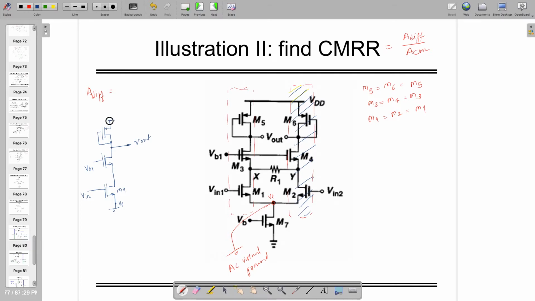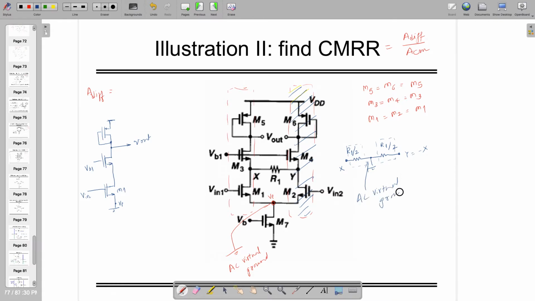Right? So moreover, this R1 resistance will be changed as follows: R1 by 2 and R1 by 2, and this is connected to point X, this is connected to point Y. These are the two identical balanced networks, and on one side it is X and on the other side it is Y, but Y is equal to minus X. So the midpoint, which is connected by the two boxes, has to be grounded, or you can say this is also an AC virtual ground.